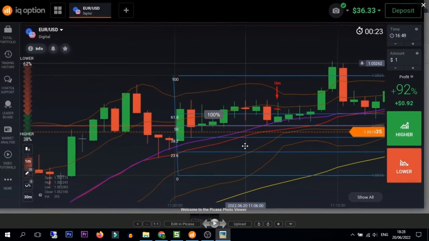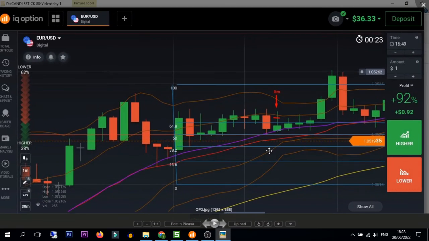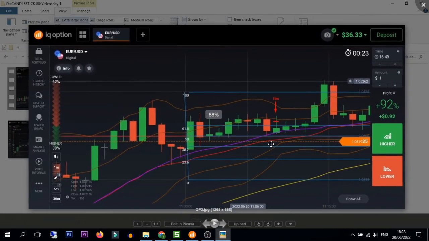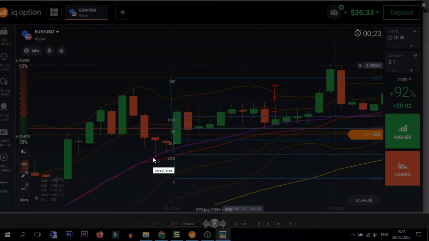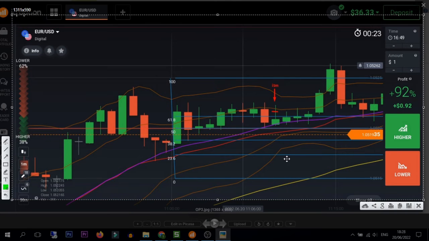And now in the next open position, which is number 3. Okay, number 3 was like this one. So it's kind of ranging here, okay.